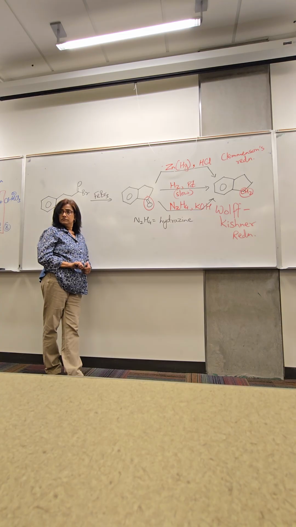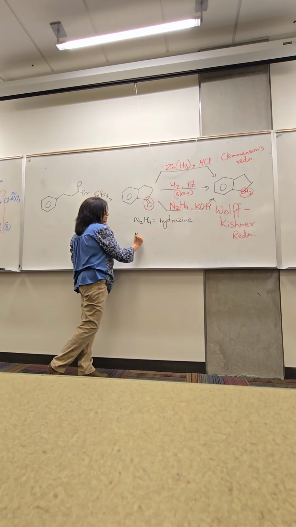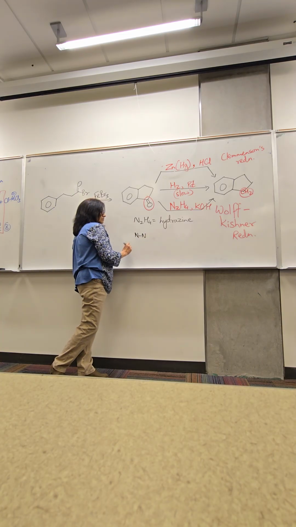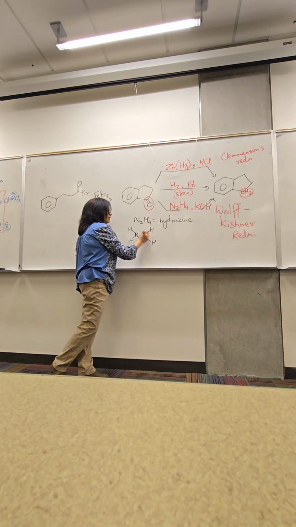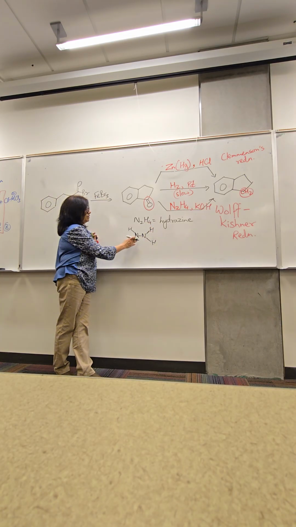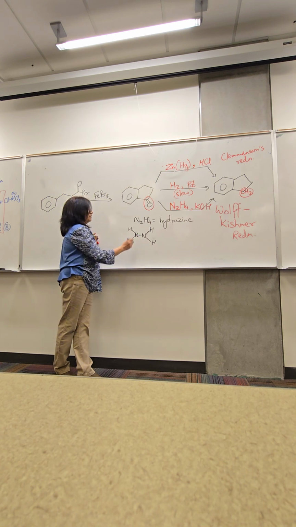A single bond between the N's. Mm-hmm. And then each nitrogen has 2 H's on it. And what else? What's missing? Oh, a lone pair. Which is where? On each end.